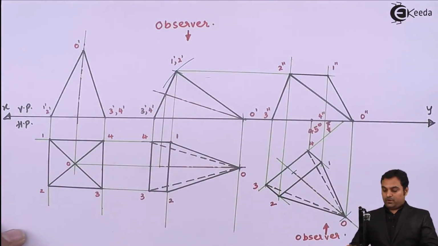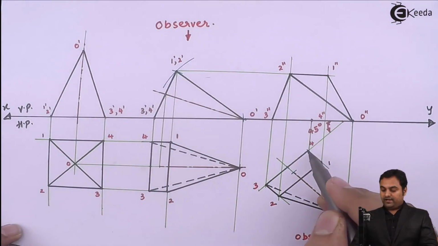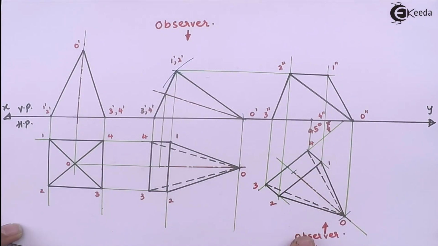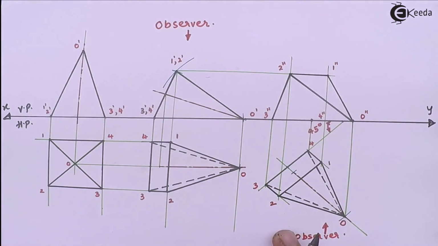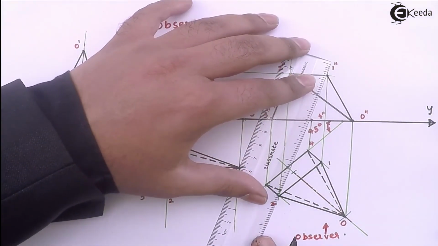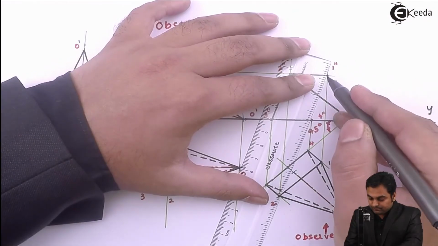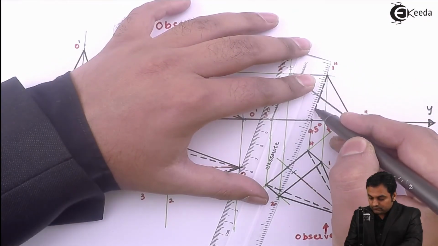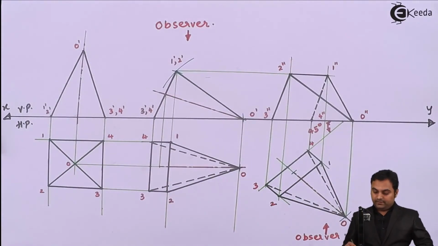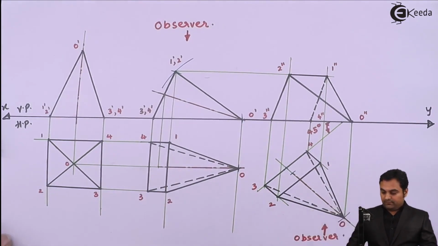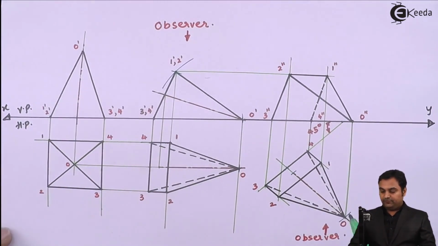After that, this edge 1 and 4, observer is here nearer to apex. Edge 1 and 4 is away from the observer, so that should be hidden. So 1 double dash, 4 double dash is hidden. And next, after this, here we have completed the front view of this pyramid.